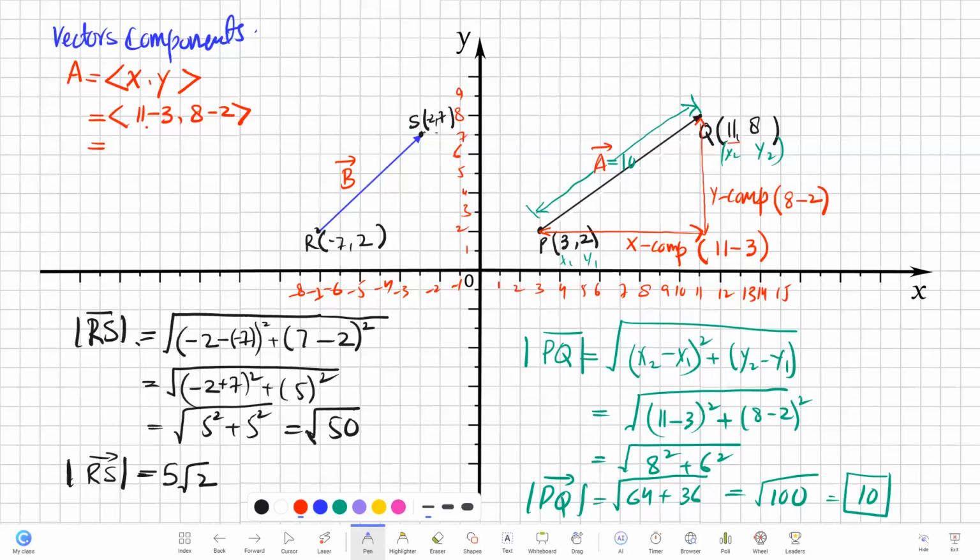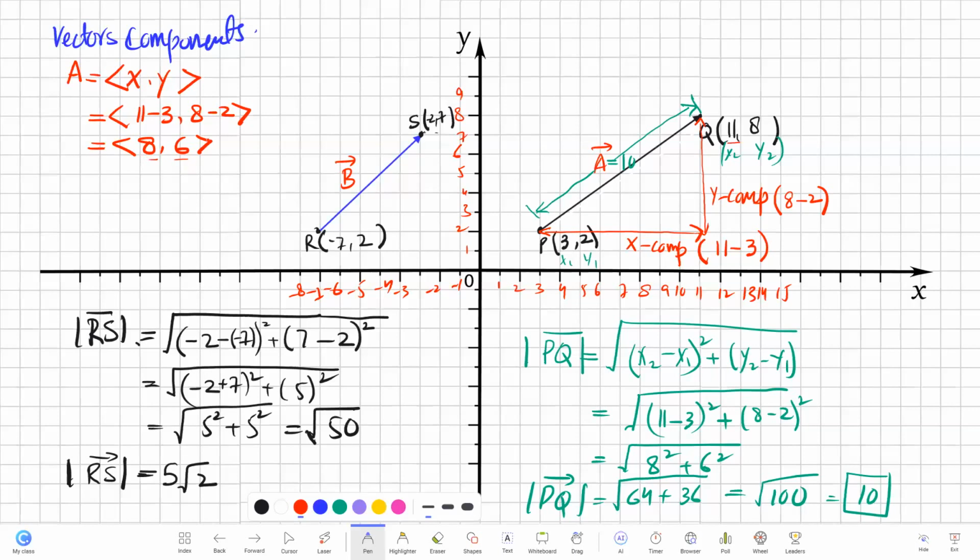What would be the answer if I do this? 8, 6. Right? So what does that really mean?